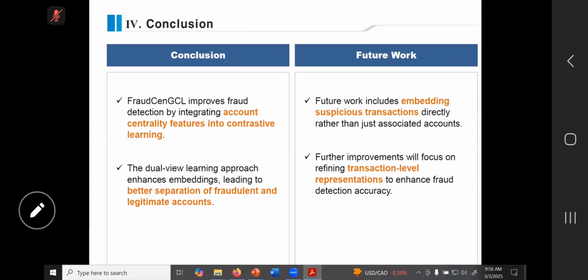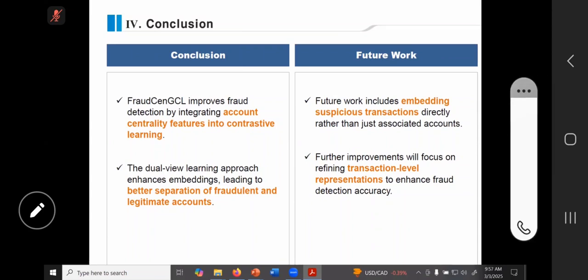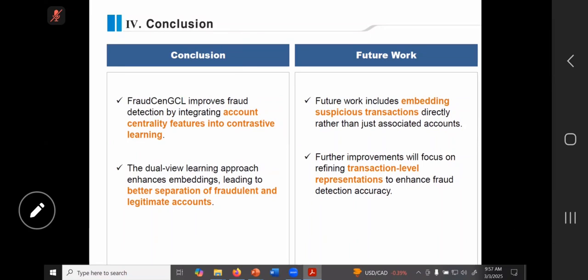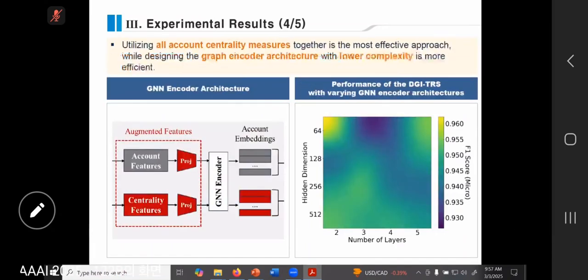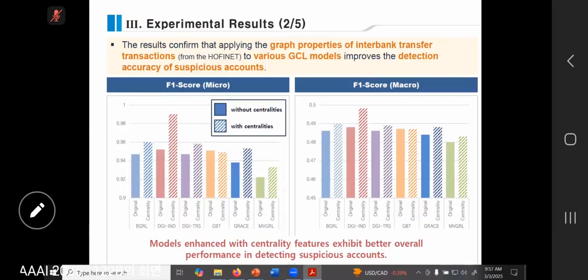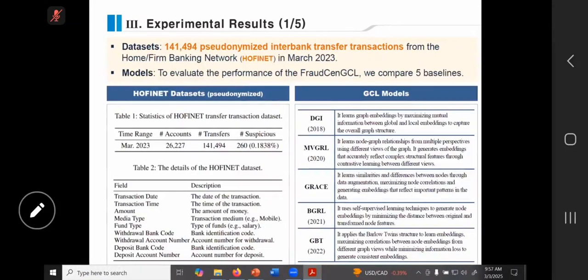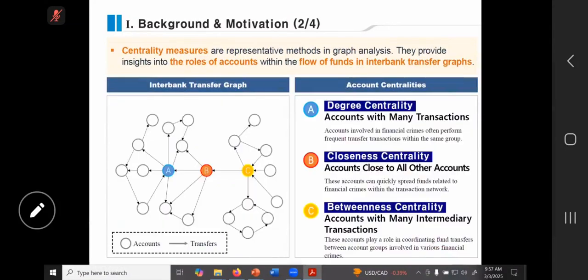I had a question. What kind of centrality measures did you experiment with again? I saw closeness. Yeah, those three are all used here: degree centrality, closeness centrality, and betweenness centrality.